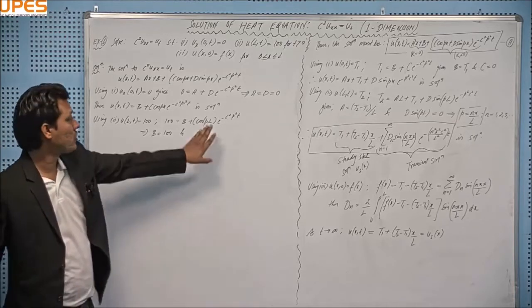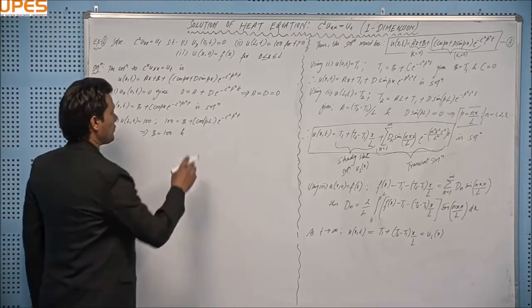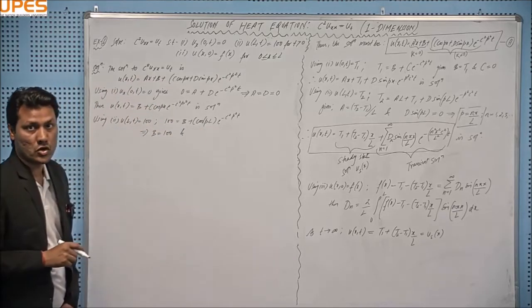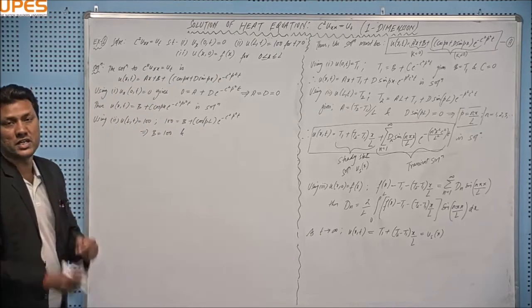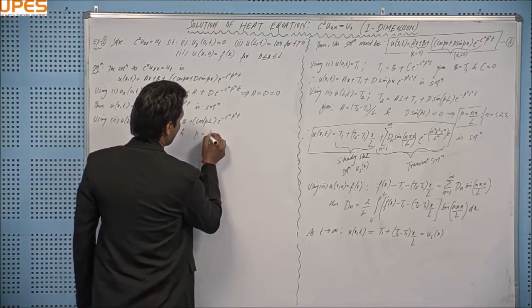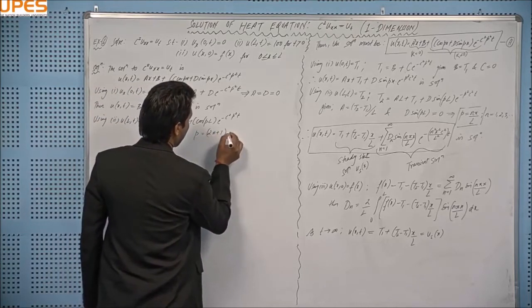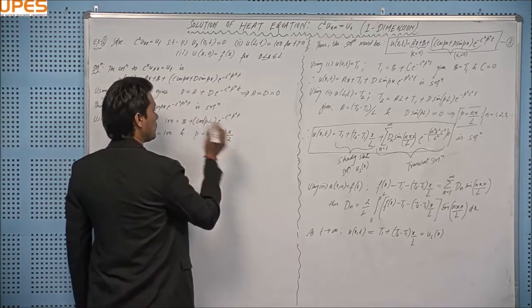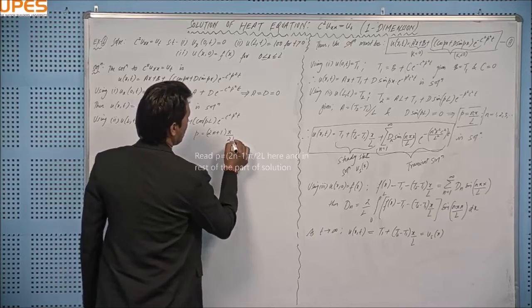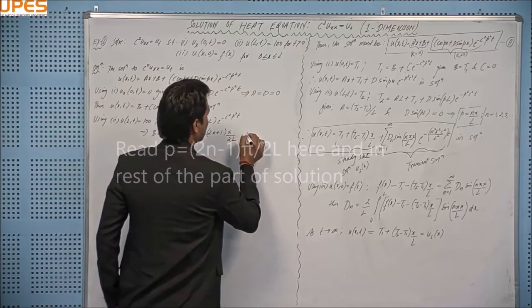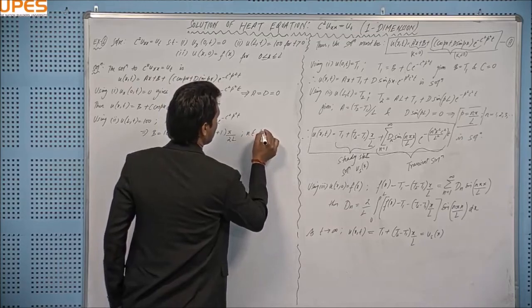Because you have a choice to take cos pL equal to 0. That will give me cos pL equal to 0, and when is cos 0? Cos is 0 for odd multiples of pi by 2. Then you can write p equal to (2n plus 1) pi by 2, and this L will go in the denominator, and n belongs to integers.